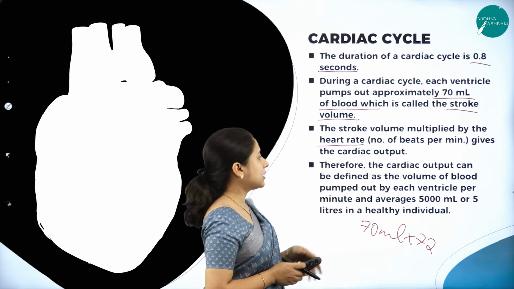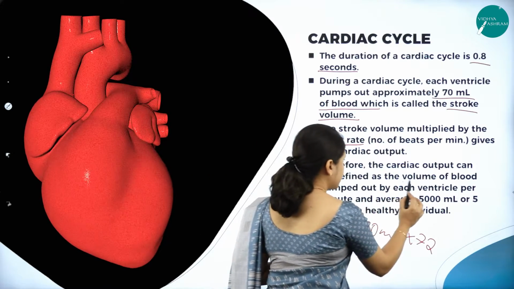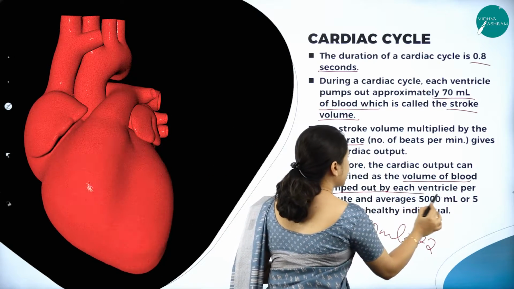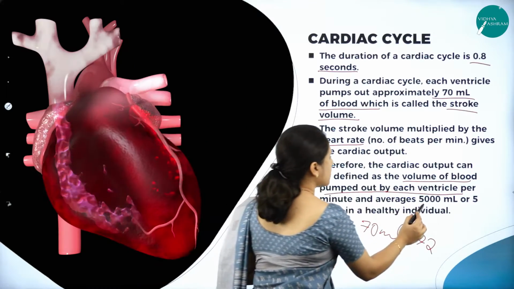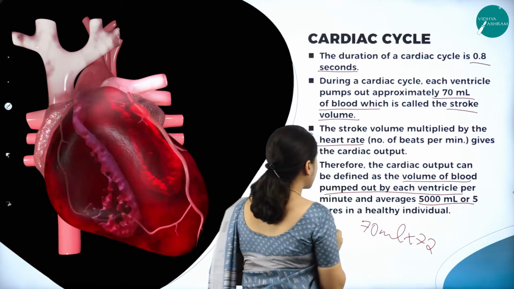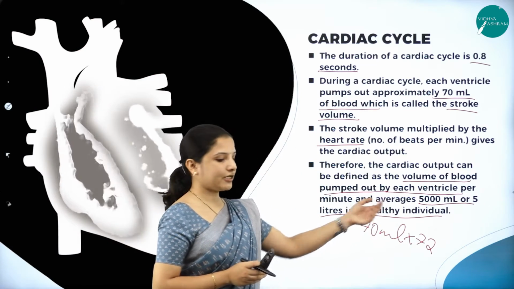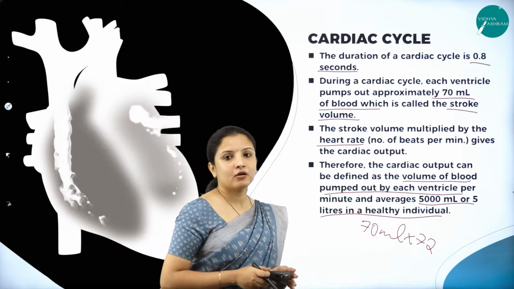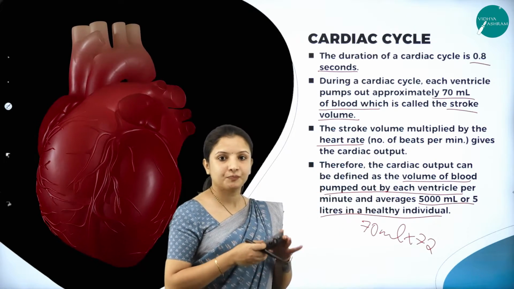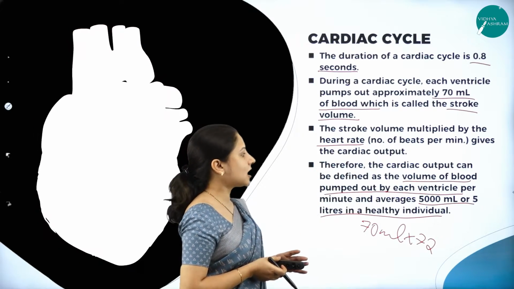Therefore, the cardiac output can be defined as the volume of blood pumped out by each ventricle per minute, and it has an average of 5000 ml or 5 liters in a healthy individual. So if you calculate 70 into 72, an average of 5000 ml or 5 liters of blood is pumped out from a healthy individual, and that is called the cardiac output.